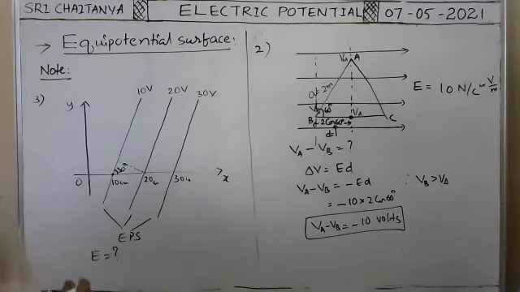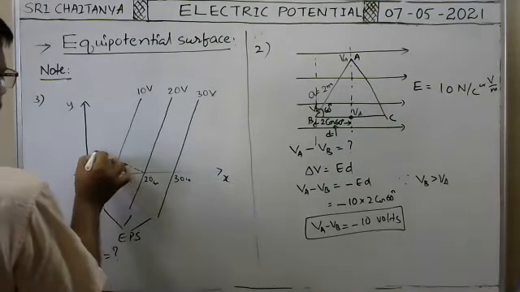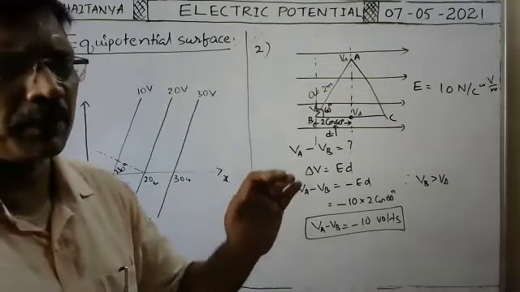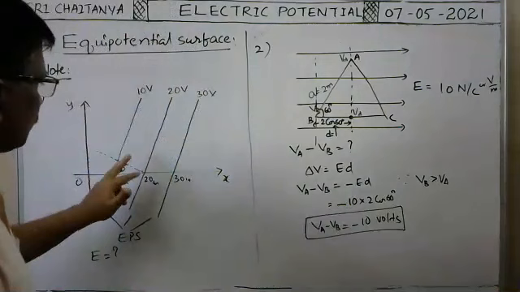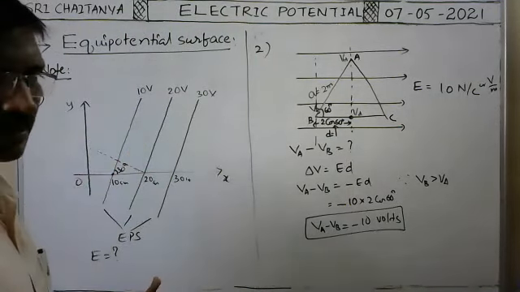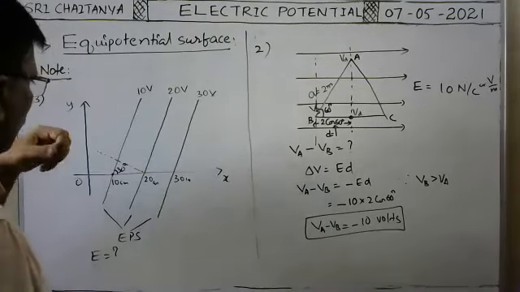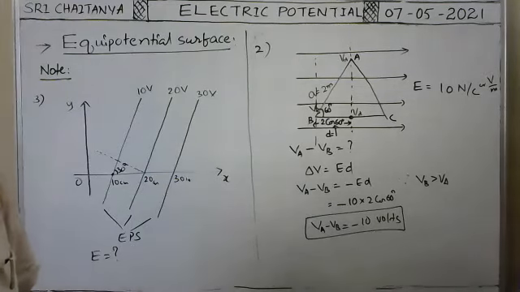This is the normal line. So, what is the direction of the electric field? No doubt, electric field direction is perpendicular to the equipotential surface. So I have drawn this perpendicular line. Now, is the electric field formed here in this direction, in this direction or in this direction? From 20 to 10 or 10 to 20?